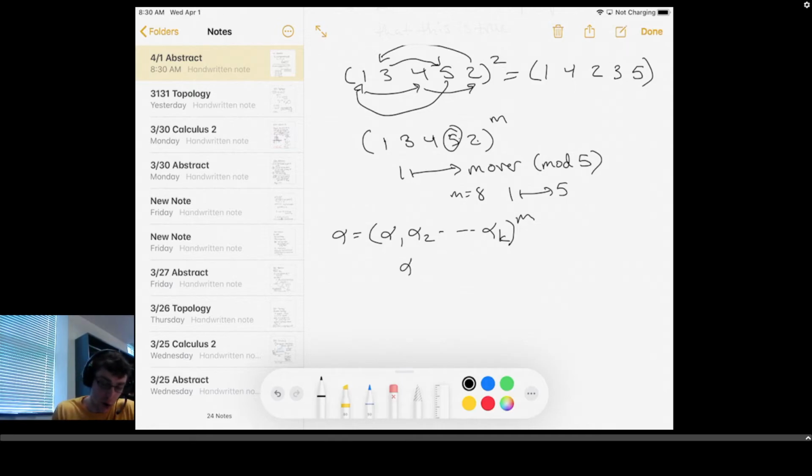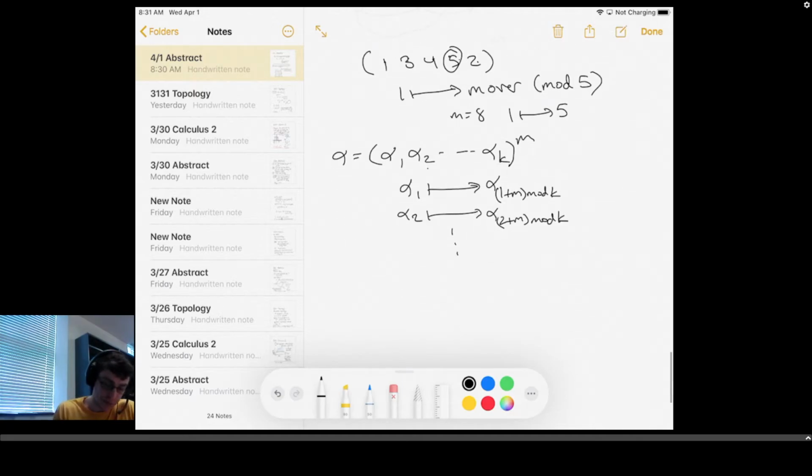So alpha 1 goes to alpha, well, what does it mean to go over m? I'm adding to the subscript, right? So this goes to alpha 1 plus m mod k, right? Alpha 2 goes over m, so it goes to 2 plus m, but again, mod k, and so on.